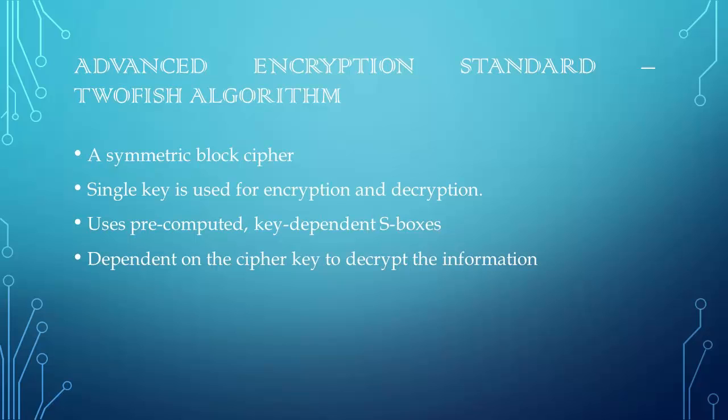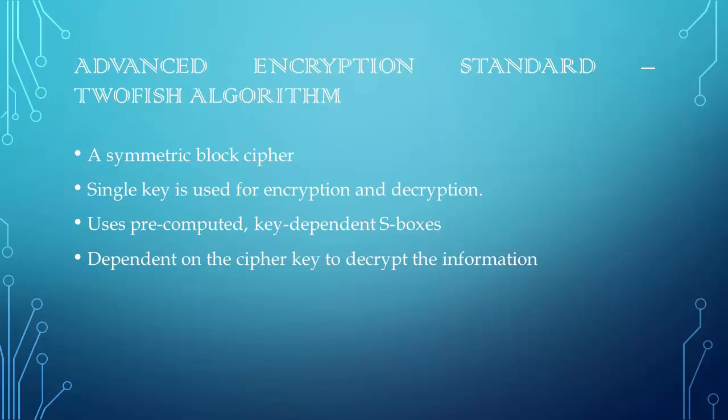The Twofish algorithm is a symmetric block cipher that uses a single key for encryption and decryption. Twofish has some distinctive features that set it apart from other cryptographic protocols. For one, it uses pre-computed key-dependent S-boxes, and S-box stands for substitution box.